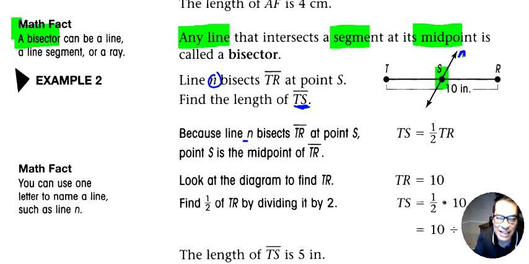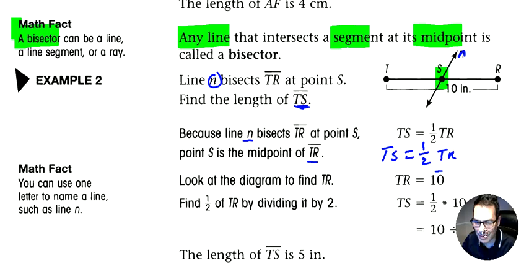Because line N bisects TR right there at point S, that means that yes, point S is the midpoint of TR. So here's our formula: TS equals 1/2 of TR. If we look at the diagram, we see that TR is 10 inches.